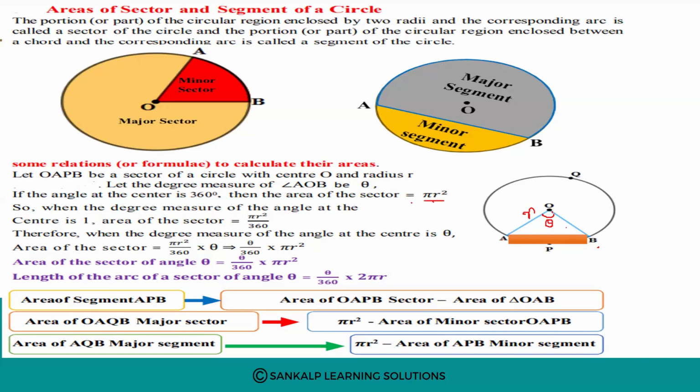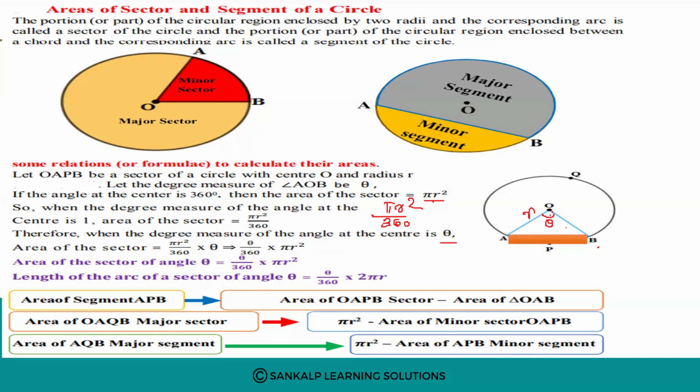So when the degree measure of the angle at the center is 1, the area of the sector is pi r square divided by 360 degrees. Pi r square is the area of the circle, divided by 360 degrees, the angle at the center. Therefore, when the angle at the center is theta, the area of the sector is pi r square divided by 360 into theta.